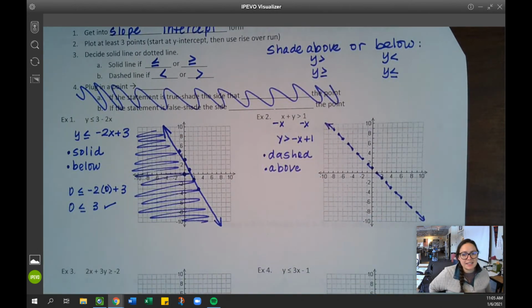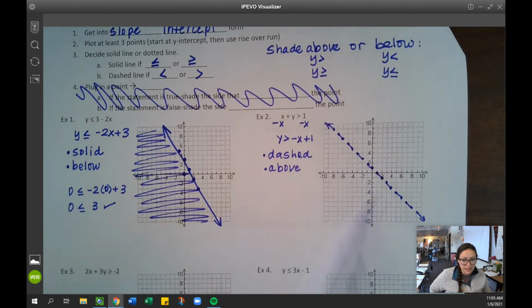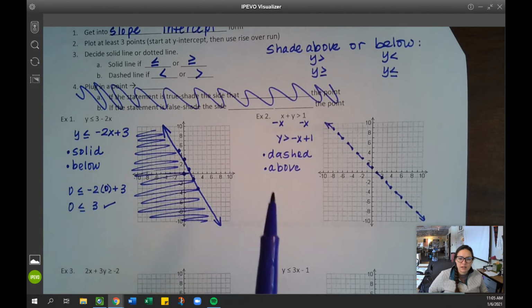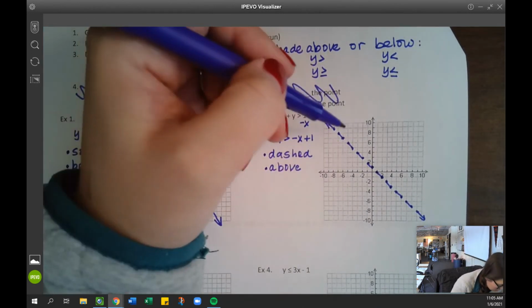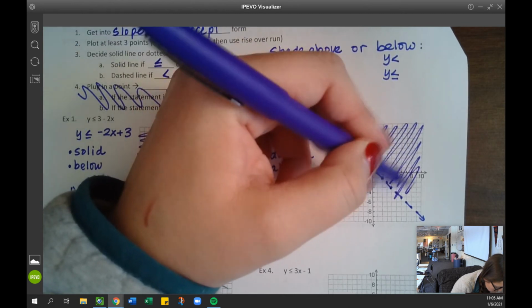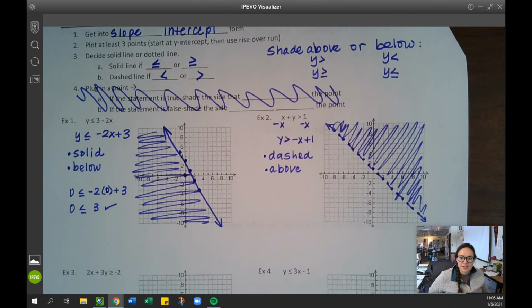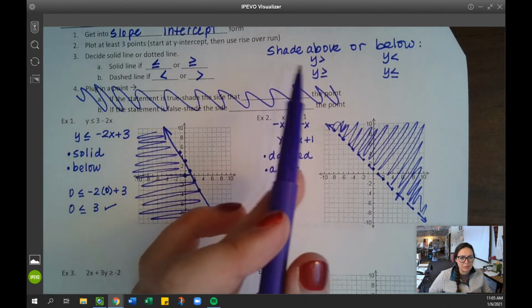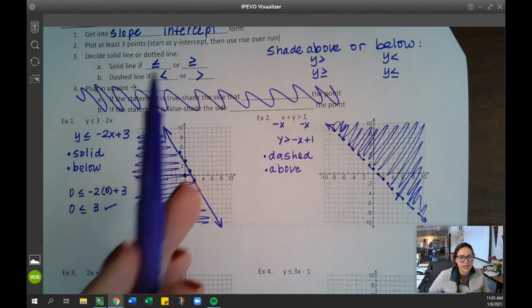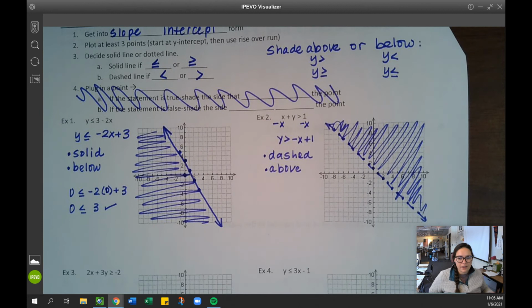And the reason why we make it dashed is because we can't include the points that are on the line as part of our solution. Now we're going to shade above the line, like so. And that's all there is to it. Once you have these rules memorized with whether you're going to have solid or dashed or shade above or below, then it's just like graphing equations.